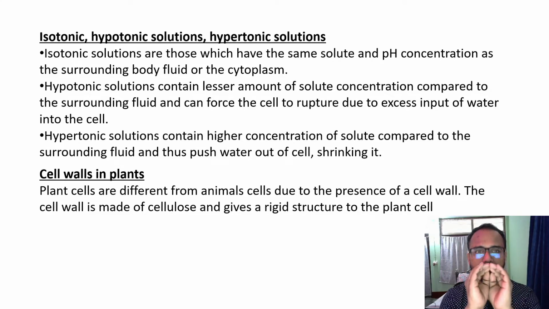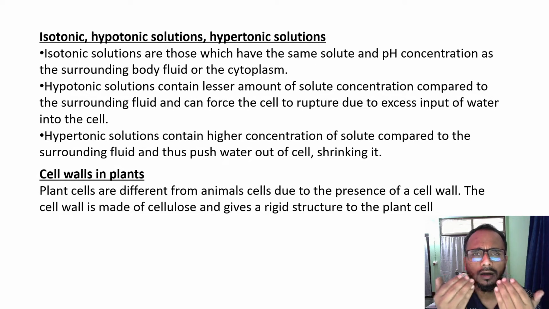Inside the cell there is less water, less solute concentration, and the outside there is very much excess water. So this forces the surrounding fluid to move to the inside, and due to the excess input of water into the cell, the cell ruptures. That is, the cell blows up.